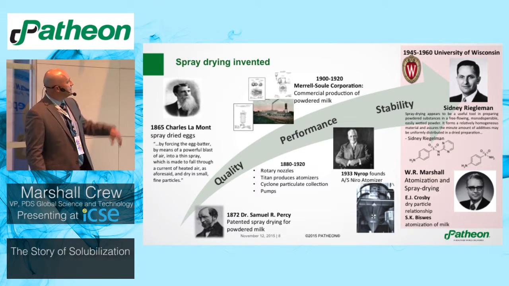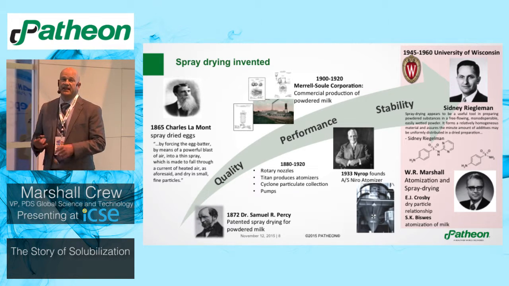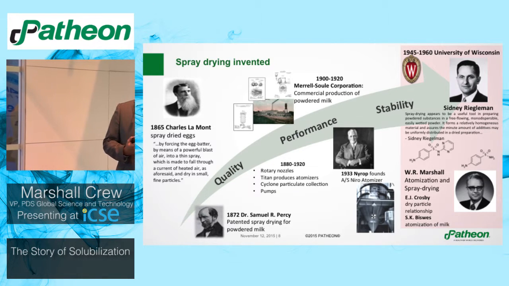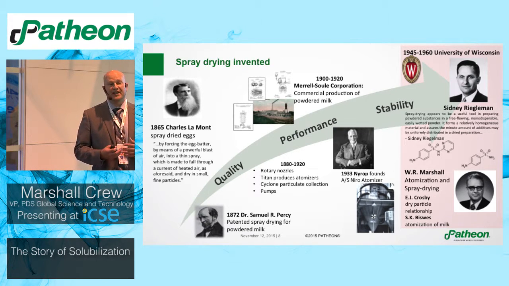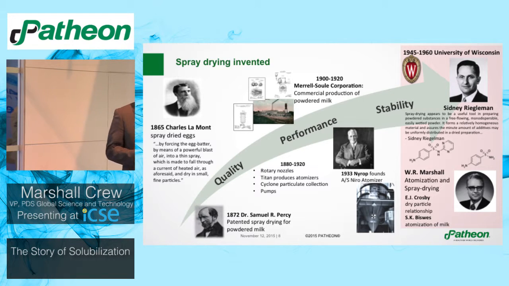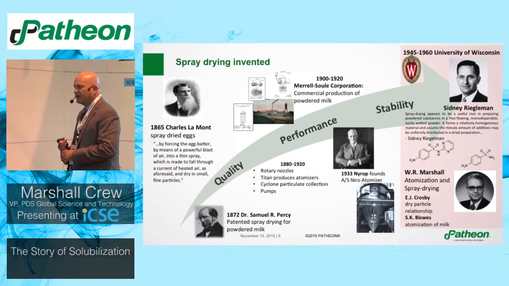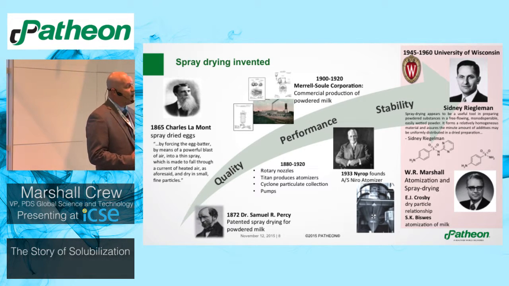The first was Lamont, who was using it for eggs, and preservation of eggs. And it's actually pretty interesting if you read the patent, because he recognized right away that the key benefits of the spray drying process, or dividing a liquid into atoms, was that it greatly increased the stability, performance, and the quality of the product.